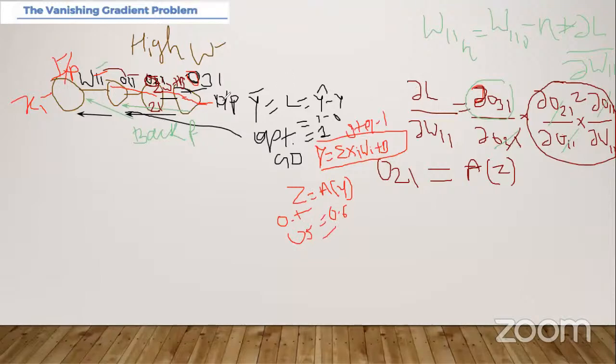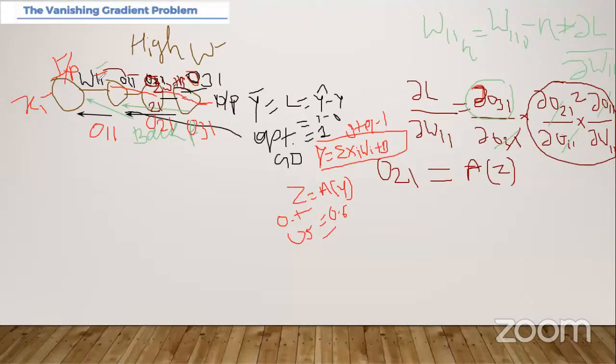So what I'm saying is, when I try to calculate W1, it will be dependent on the outputs O11, O21 and O31. That means this first layer O11, the second layer O21 and the third layer O31. All these layers are responsible when I'm calculating W1, and I have written that in terms of the derivative.